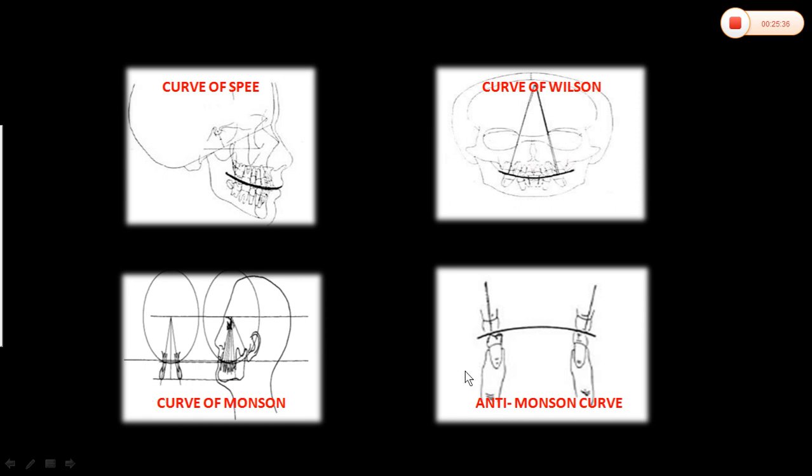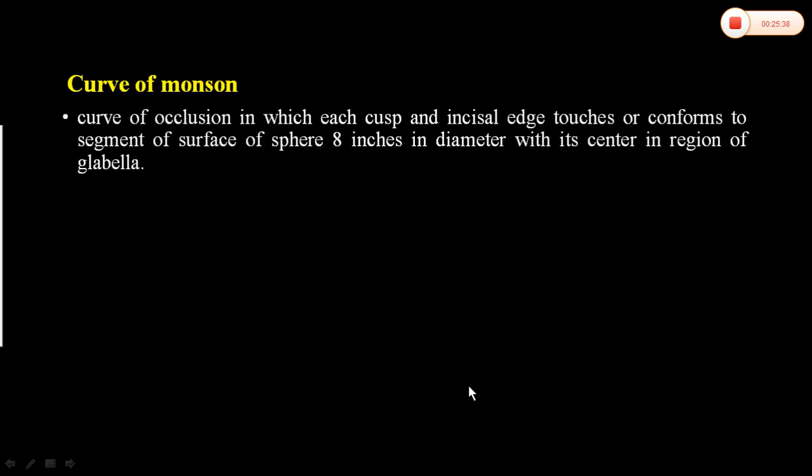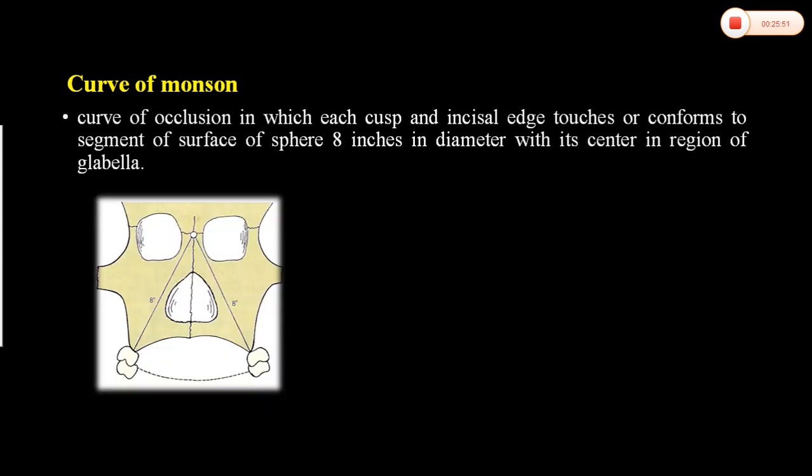Curve of Monson, the anti-Monson curve. These are mediolateral curves. The curve of Monson is a curve of occlusion in which each cusp and incisal edge touches or conforms to a segment of the surface of a sphere of 8-inch diameter with its center in the region of the glabella. So we draw a curve with the center in the glabella, with a diameter of 8 inches.